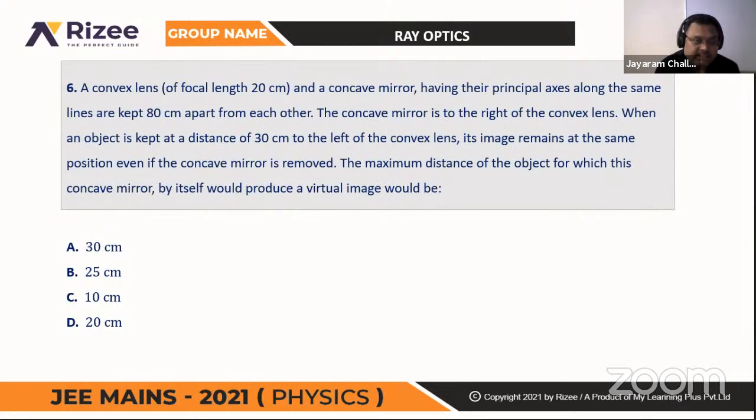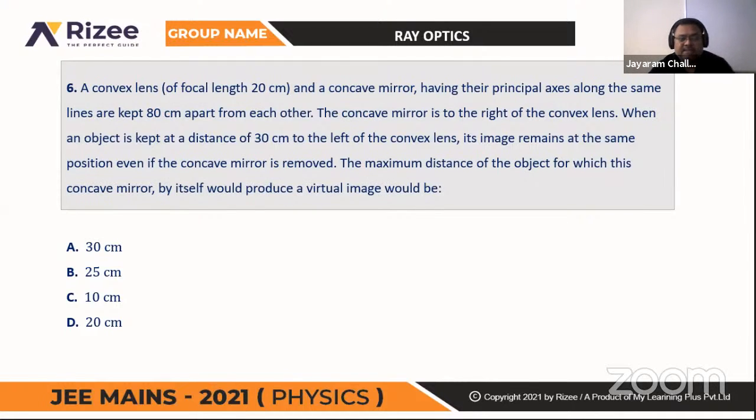Now, question number 6. A convex lens of focal length 20 centimeters and a concave mirror are also there on the principal axis along the same line, kept 80 centimeters apart. So, what is the distance between them? It is 80 centimeters. The concave mirror is to the right of the convex lens.